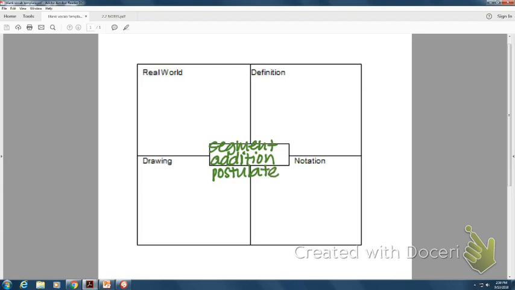Segment addition postulate. The definition is going to sound really wordy, but I'll explain it as soon as we're done writing it.